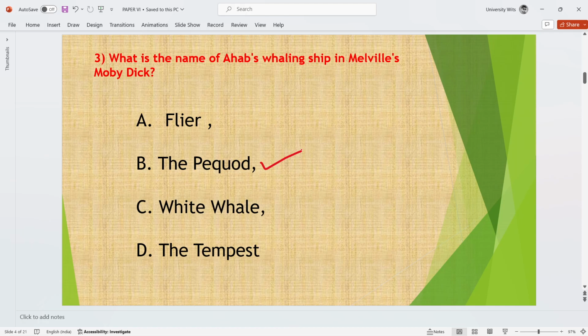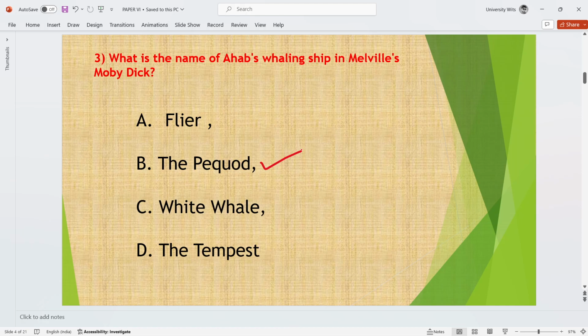The Tempest is actually a play by William Shakespeare, as we know, and not related to Moby Dick. So obviously these options are totally wrong. These are not actually ships featured in Moby Dick. Flare and White Whale don't refer to specific vessels in the novel.